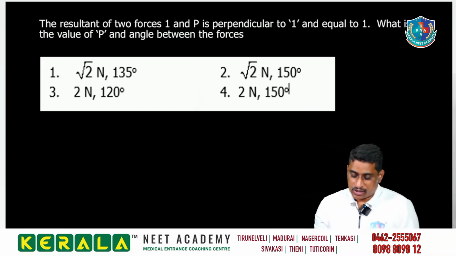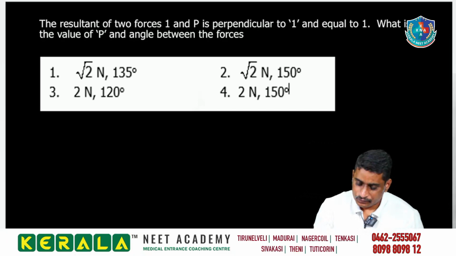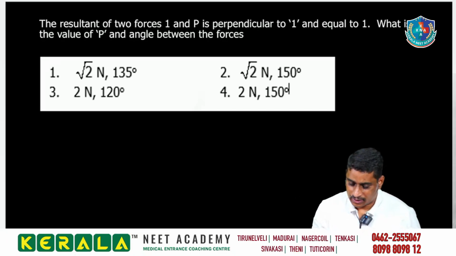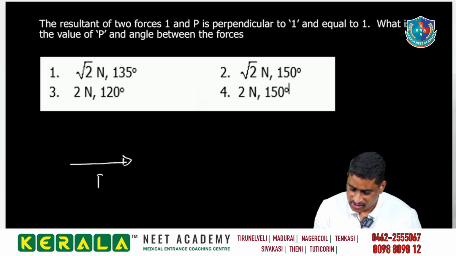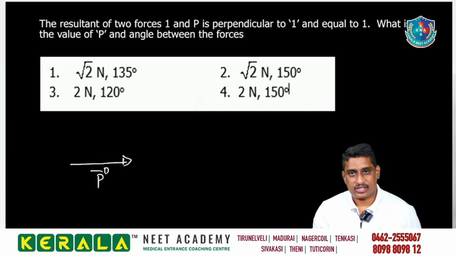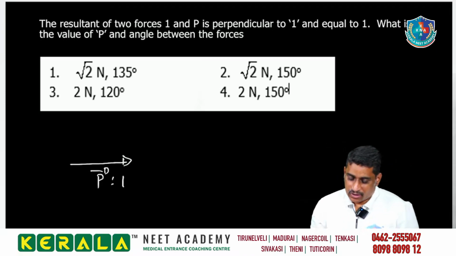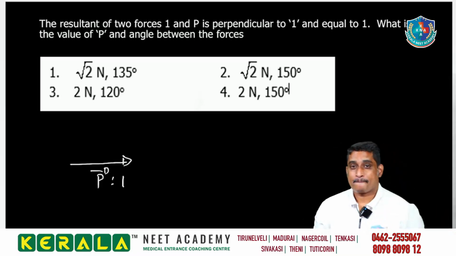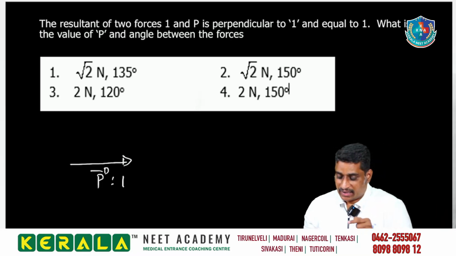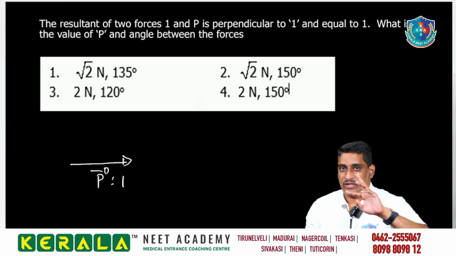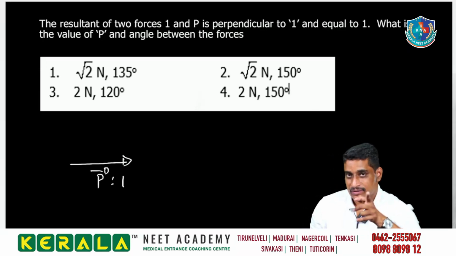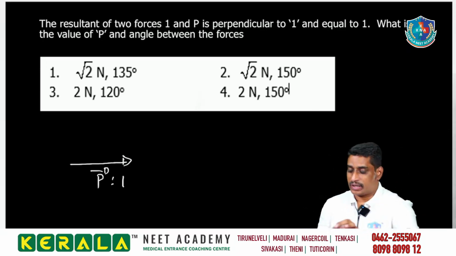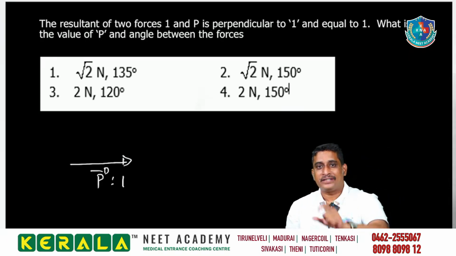So in this particular example, if you look at this case, one force is acting along the x-axis, P bar as a vector, its magnitude is given 1. Another force is having a magnitude p, and the resultant of these two forces will have magnitude 1, and that resultant is making an angle of 90 degrees with 1.